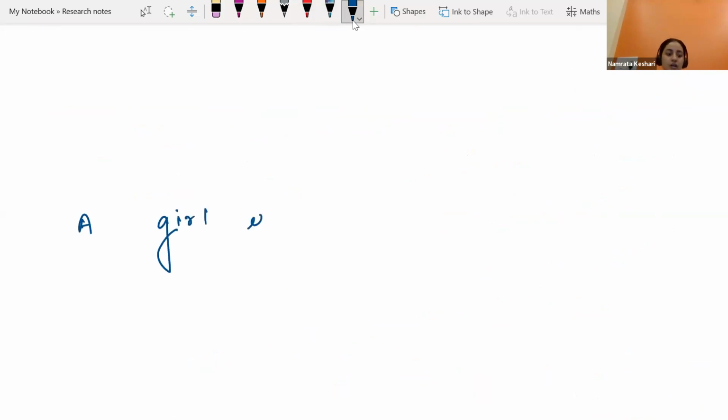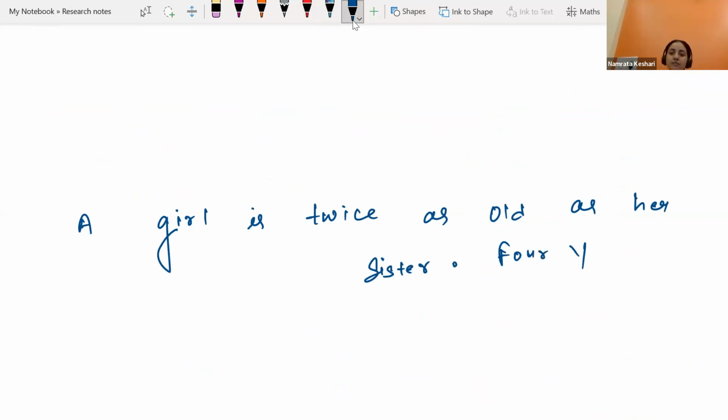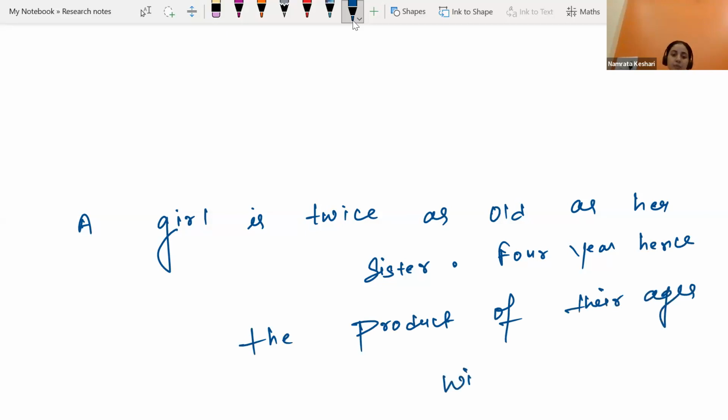A girl is twice as old as her sister. 4 years hence, the product of their ages will be 160. From here, we'll be able to generate linear equations in two variables.